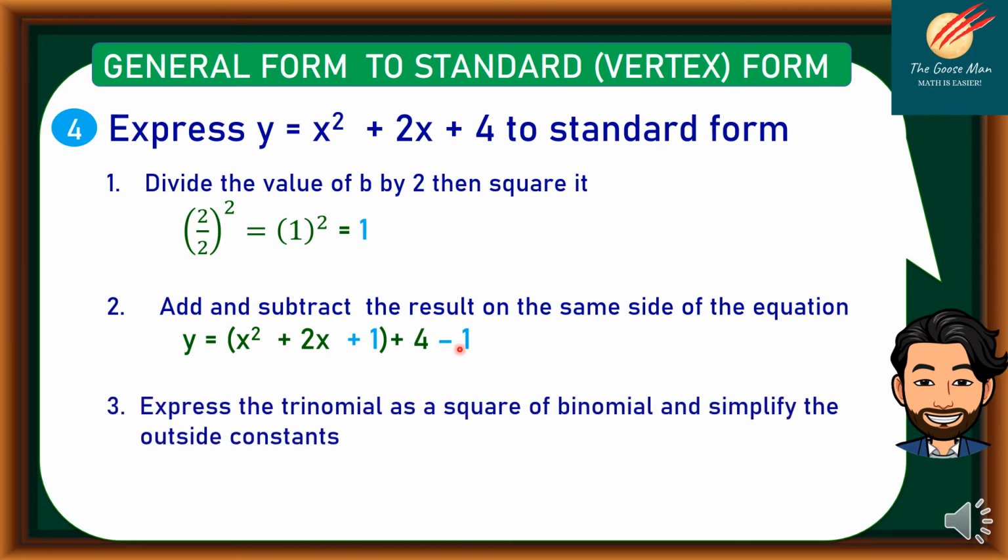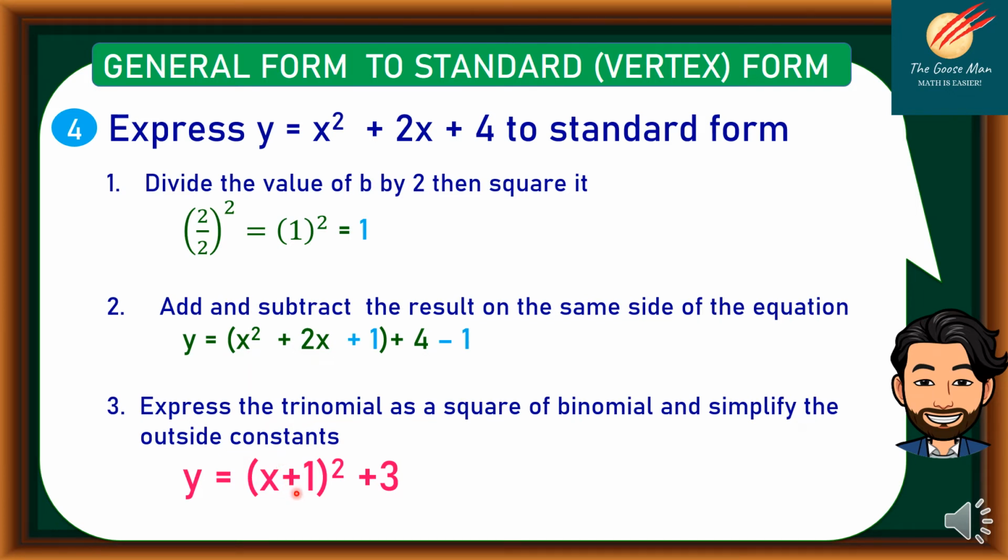Then after this, express the trinomial as a square of a binomial and simplify the outside constant. Take note that I can express the trinomial x squared plus 2x plus 1 as (x plus 1) squared. The x is derived from the square root of x squared.